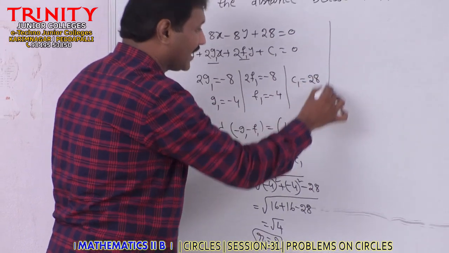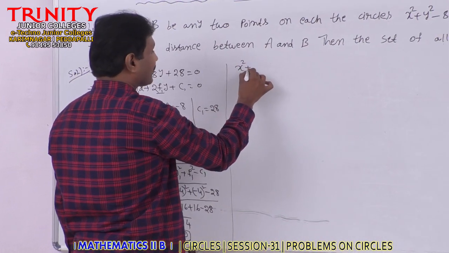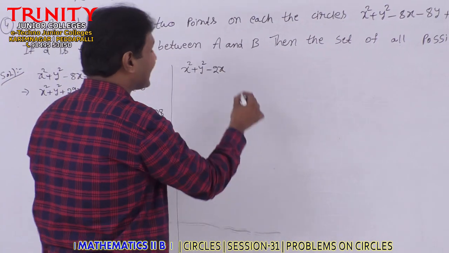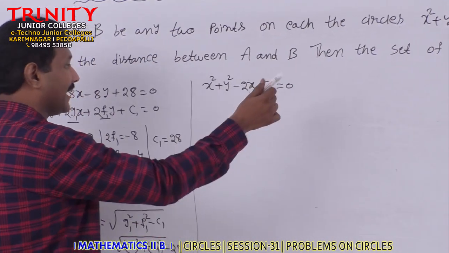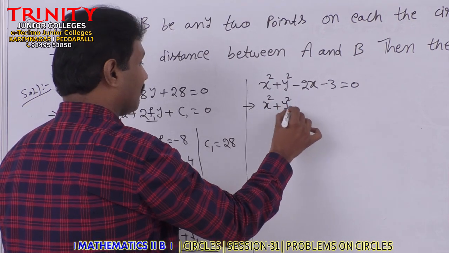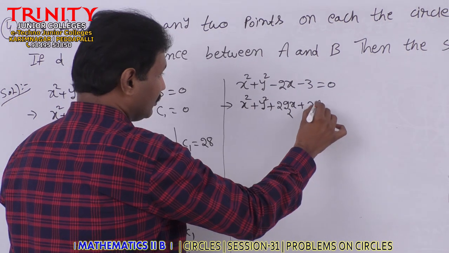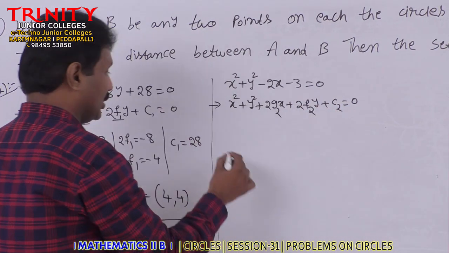The second circle is x² + y² - 2x - 3 = 0. This is of the form x² + y² + 2g2x + 2f2y + c2 = 0.